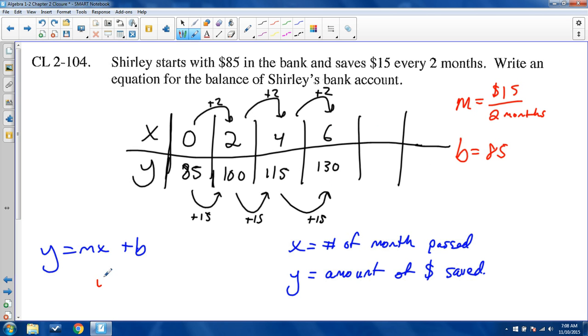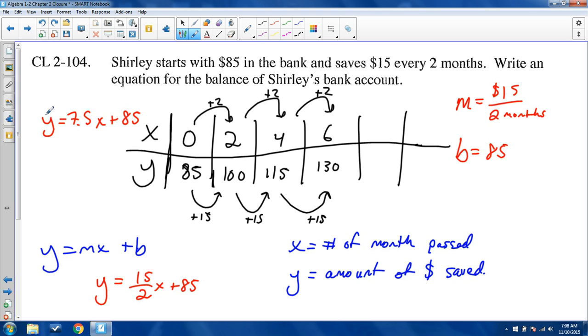So your equation is y equals 15 halves times x plus 85. I could have used 7.5. That's the same thing, 15 over 2. So I could write it like this, 7.5x plus 85, whichever one you prefer, as long as your decimal is an exact one, then it's okay.